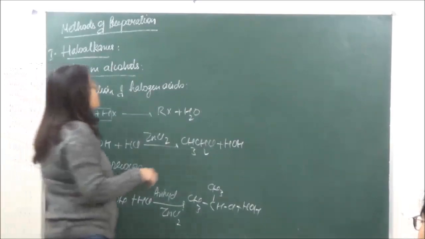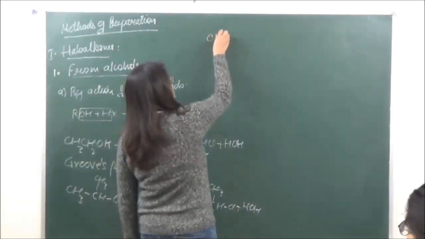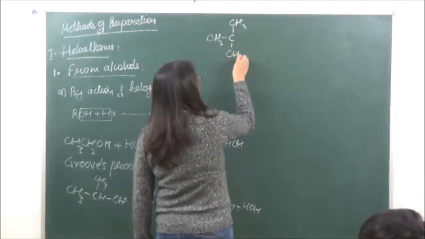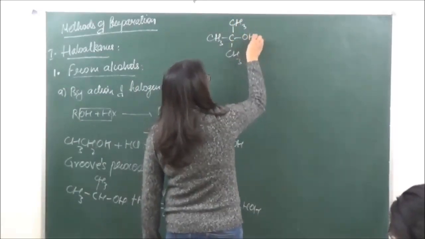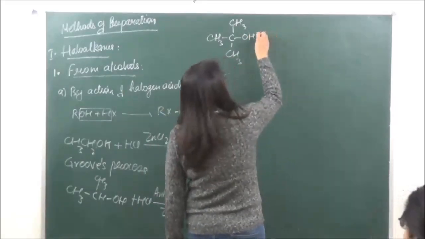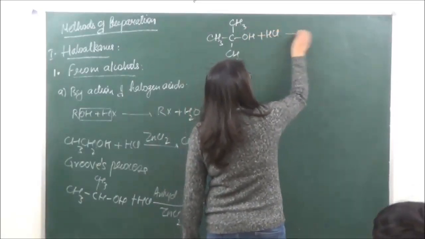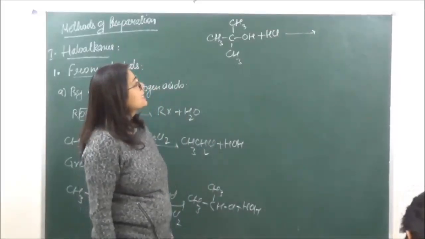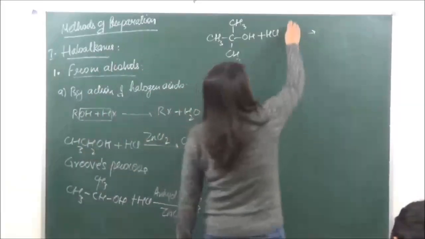It is seen that when we are talking of tertiary alcohols, they are going to react with HCl without the presence of zinc chloride and at room temperature.